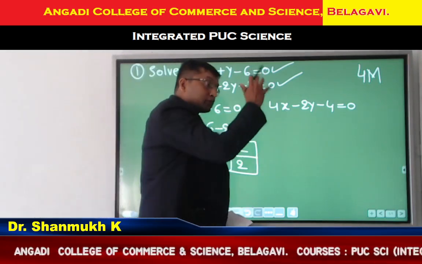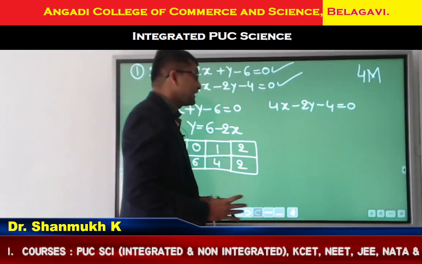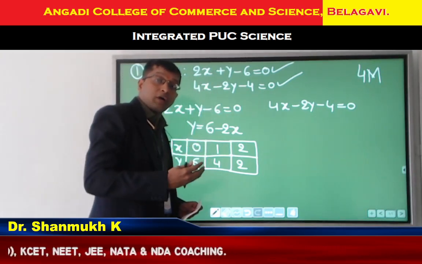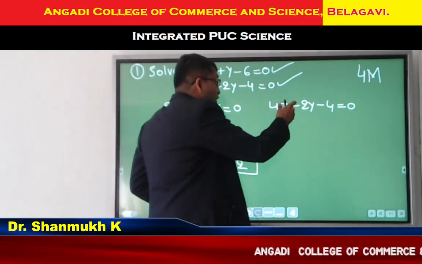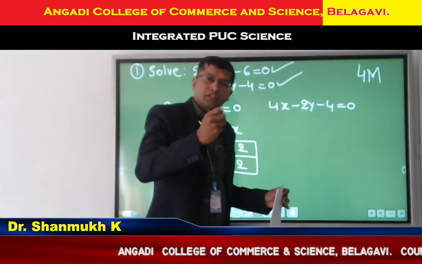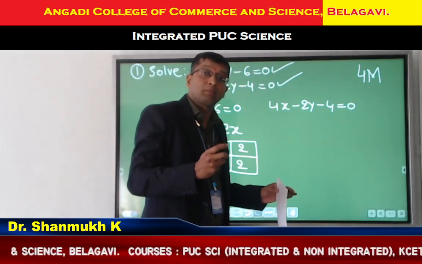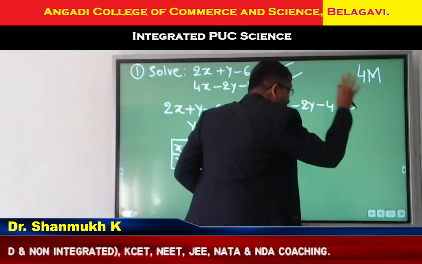Similarly, from the second equation, we want to write a solution for y. The first equation was very easy. We just transported the other terms to the RHS and got the value of y. Here it is not like that. y is associated with the number 2 and with a minus sign. So first we make it positive by sending minus 2y to the RHS.